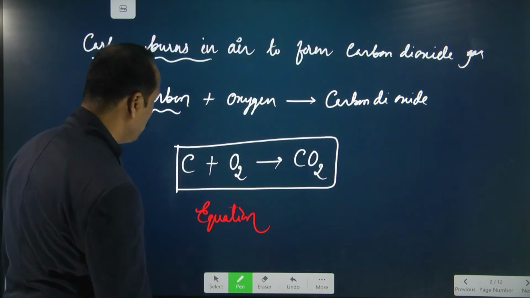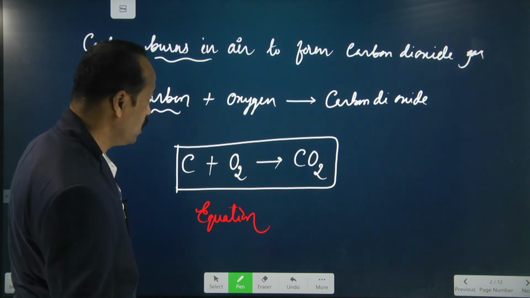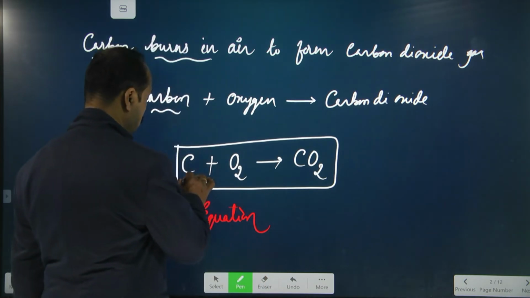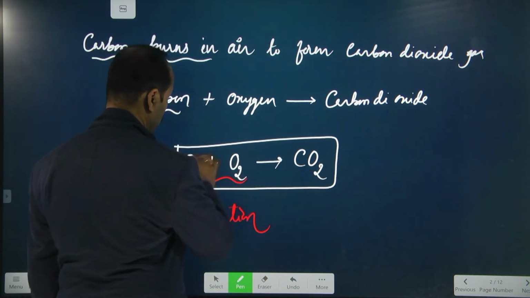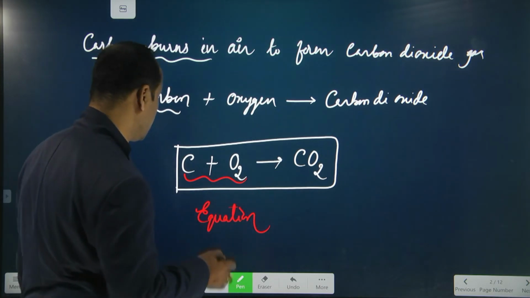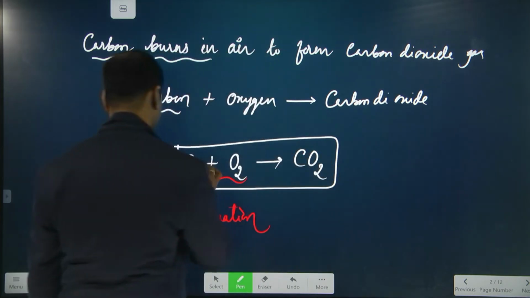Right. Now, whenever you write a chemical equation, you have to remember some points. First, the substances which are participating in the chemical reaction are called the reactants.